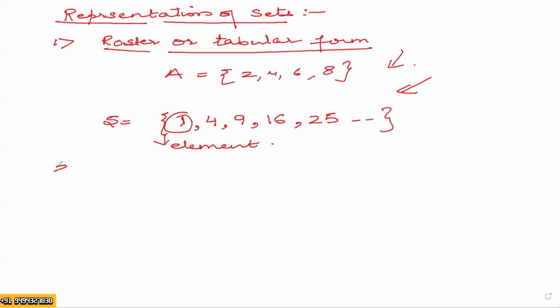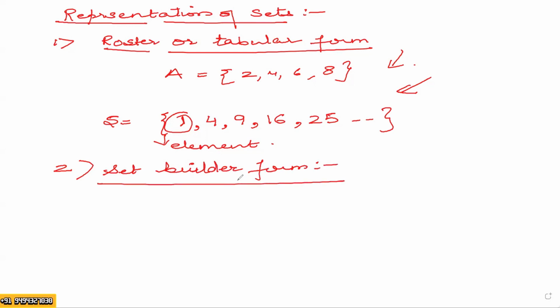Now next form is set builder form. So in set builder form, sometimes you have seen that A is equal to {x such that x is a natural number}.